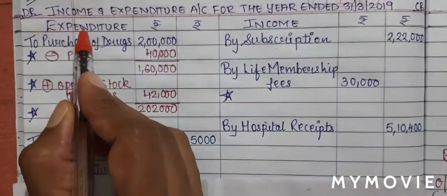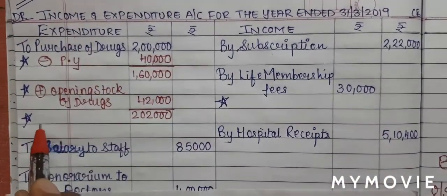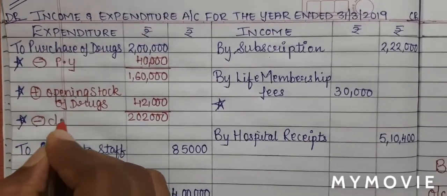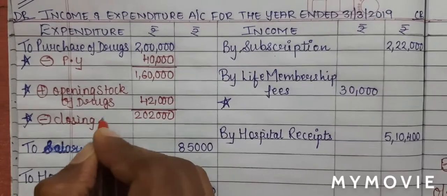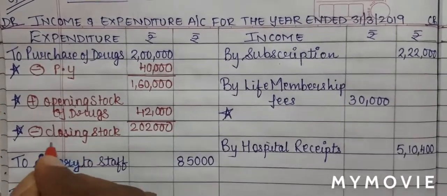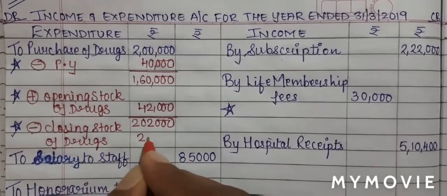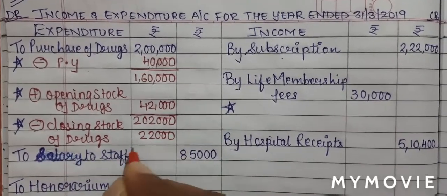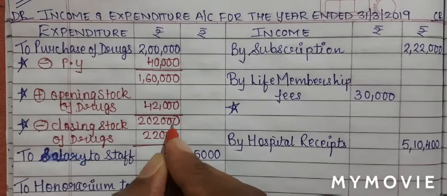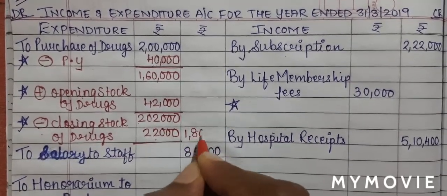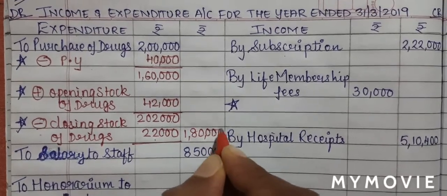On the expenditure side, closing stock of drugs is always minus. So I'll say less closing stock of drugs, which is 22,000. So 2,02,000 minus 22,000 will give me 1,80,000 in the outer column.